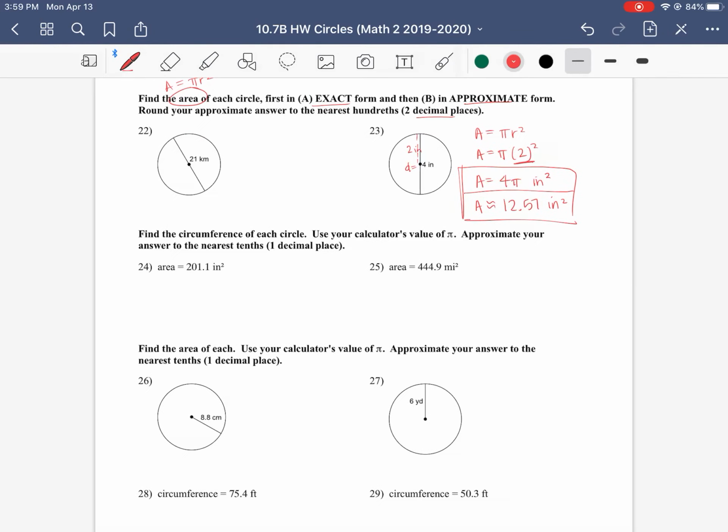On 24 and 25, this is asking you again, look at the instructions, find the circumference. So immediately I say, okay, well, circumference is either diameter times pi or 2 pi r. Use your calculator's value of pi, so it looks like we're approximating to the nearest tenth, so just 1 decimal place.